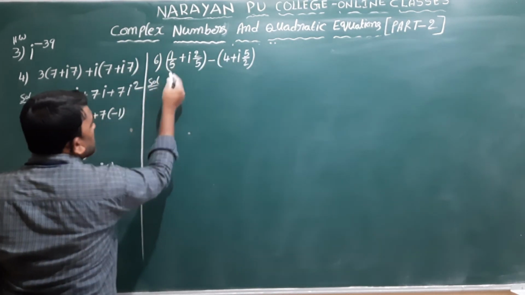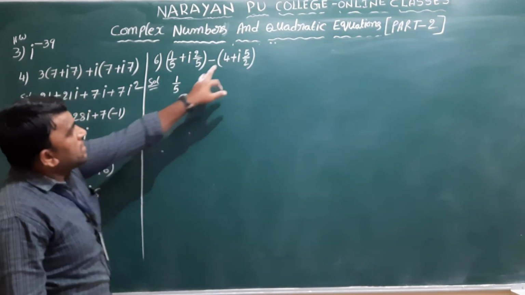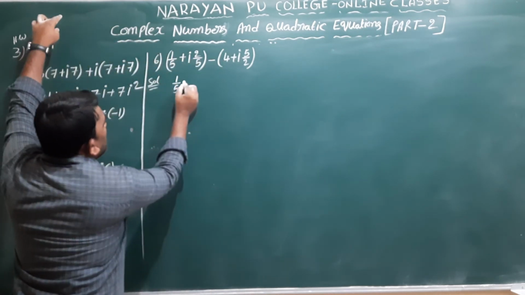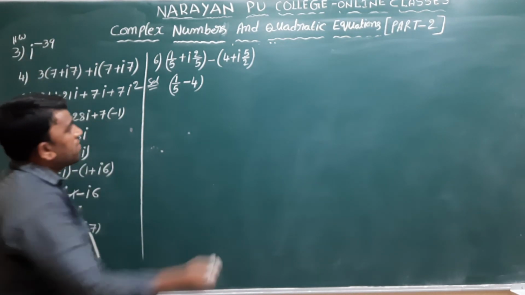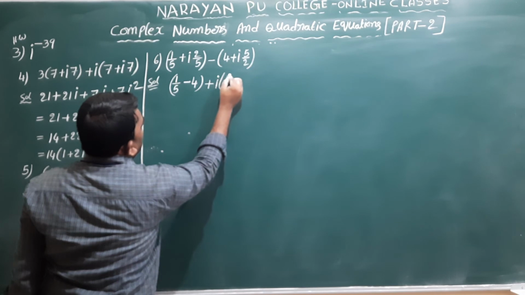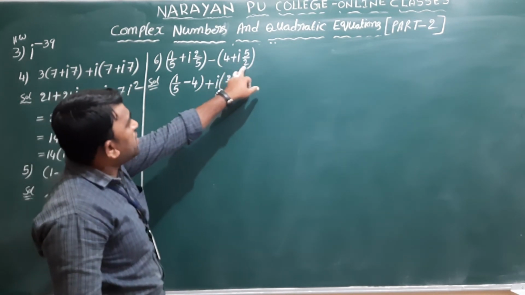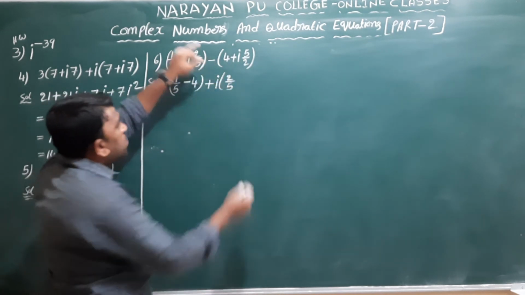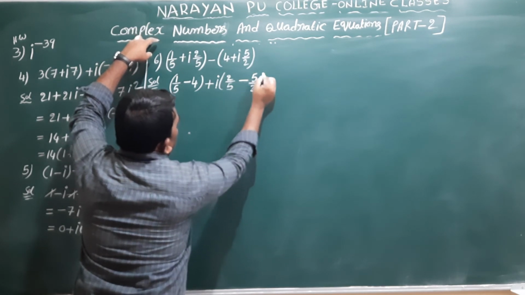The first complex number's real part is 1 by 5. The second complex number's real part is 4, with the minus there: 1 by 5 minus 4. Next, the imaginary part: i into 2 by 5. In the second, the imaginary part is plus 5 by 2, but here minus will be there: minus into plus, minus 5 by 2.